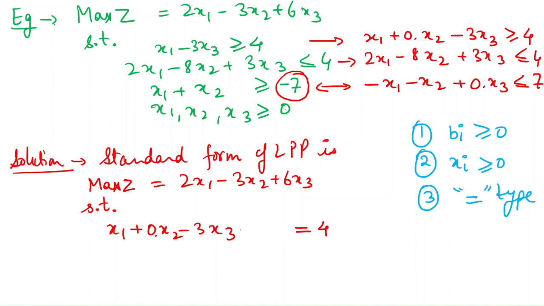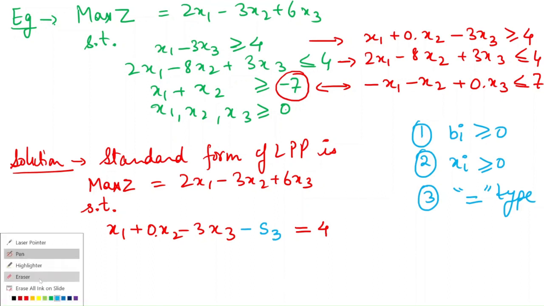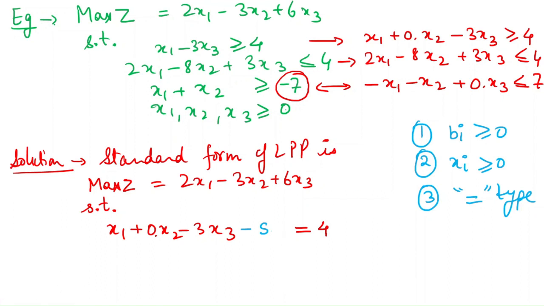So it would be done by subtracting s1, sorry, let me take s1. Now it has a 0 cost, as I told you, so we can add it in the objective function with 0 cost, 0 times s1.